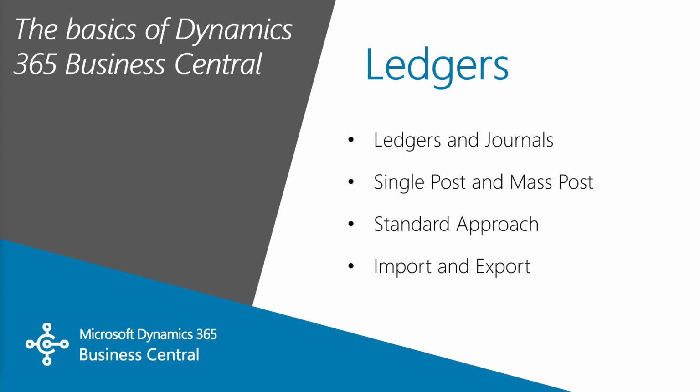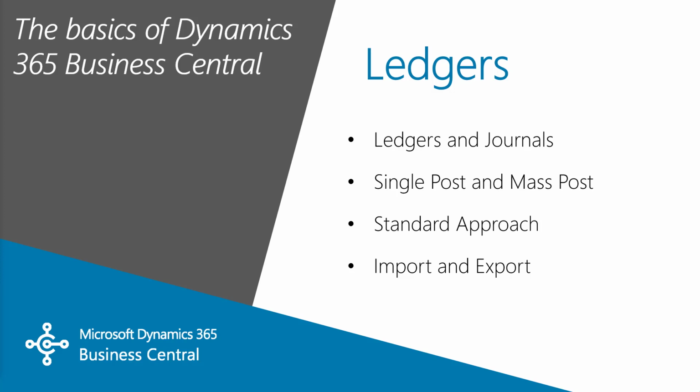So just to review then real quickly, the ledgers and journals in Business Central correspond most closely to the batches in the GP world. We do have the option of transaction level or group level posting in the Business Central world. That standardized approach simplifies user training, makes the system a little more efficient for everyone.